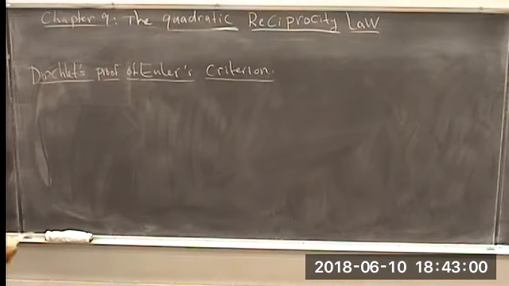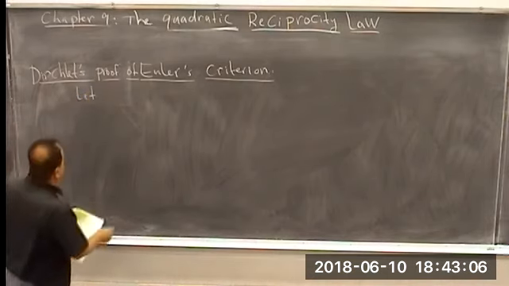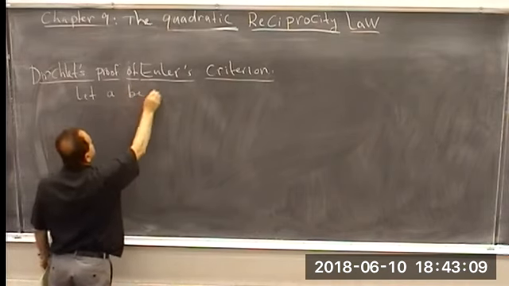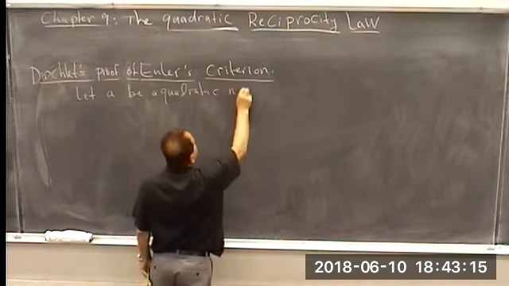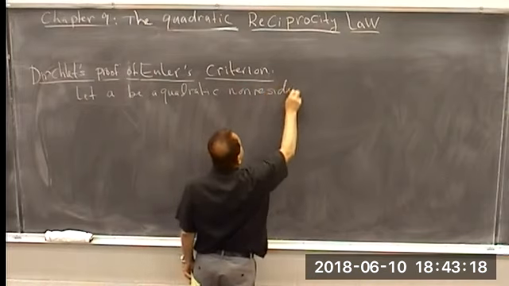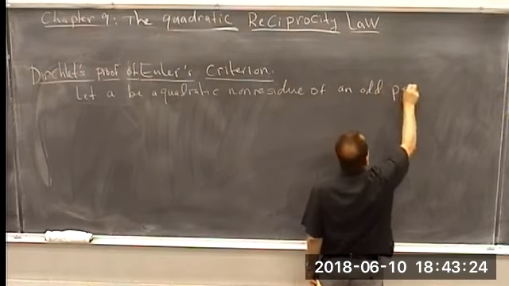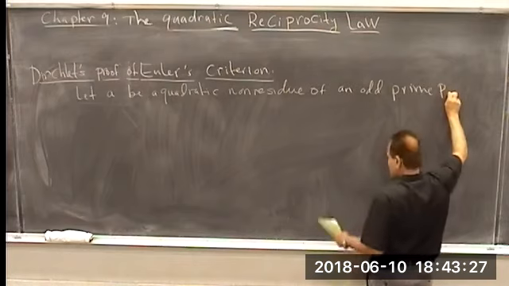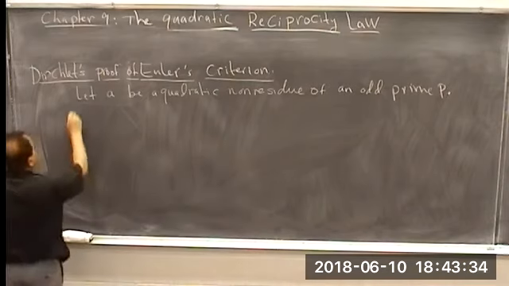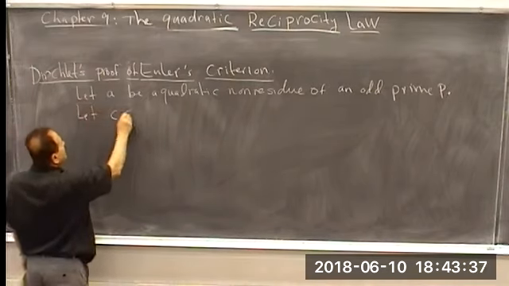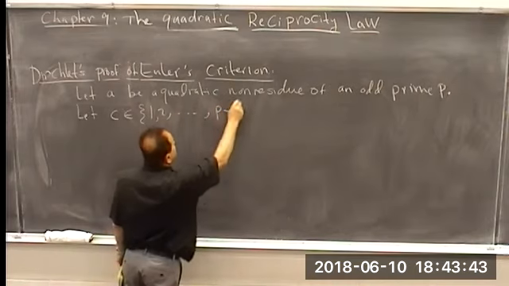All right, so here we're going to start like this. We're going to let a be a quadratic non-residue of an odd prime p, and then we're going to choose c belonging to the set of integers 1, 2, up to p minus 1.